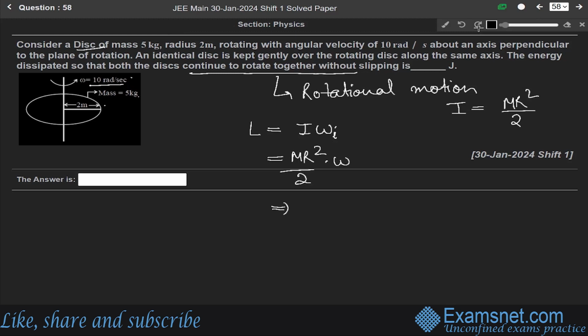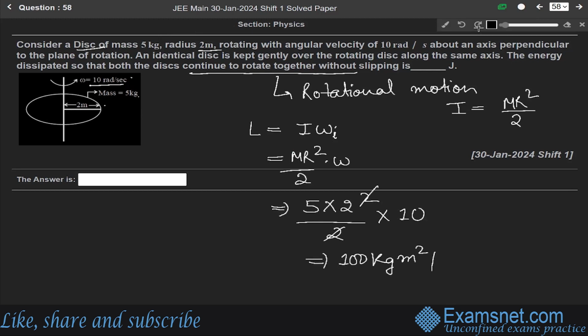So it will be equal to mass 5 kg, radius 2 meter, 2 square over 2, into omega 10. Solving it, we get 100 kg meter square per second.